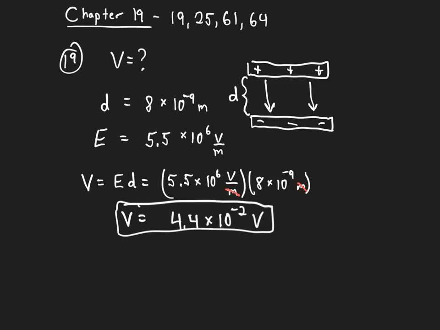So that's my voltage. Does the answer depend on negative or positive charge? Then the answer is positive 4.4. Yeah. Could it be negative 4.4? No. V is a scalar, so V doesn't have a sign that's associated with it usually because there's no direction to associate it with.